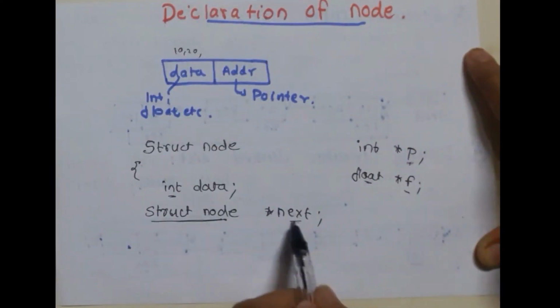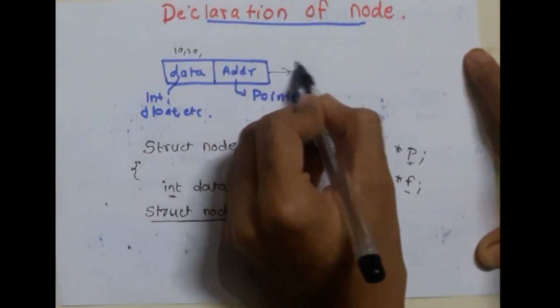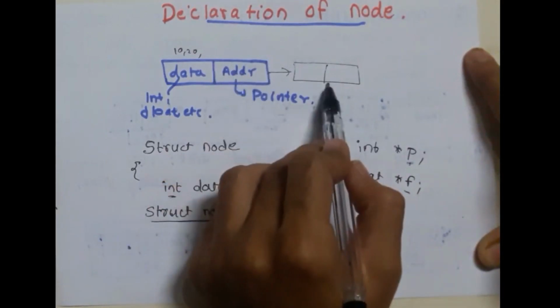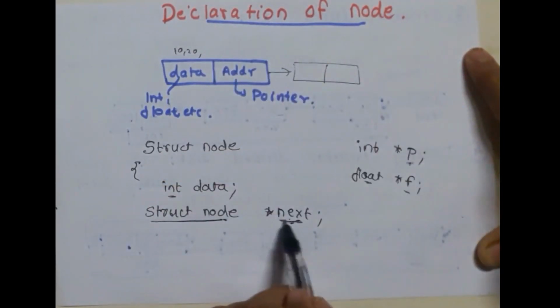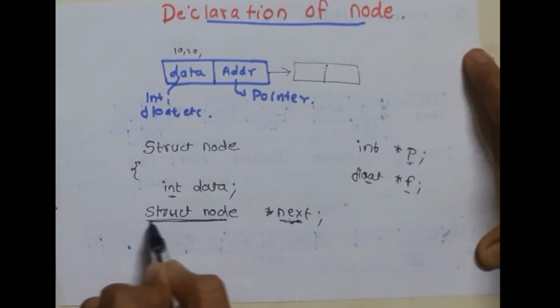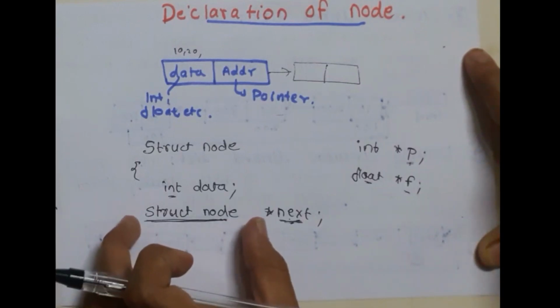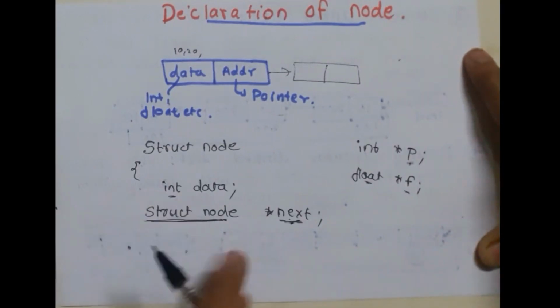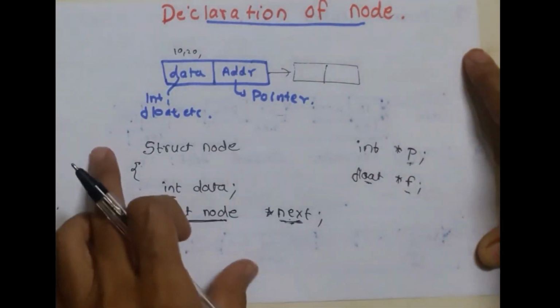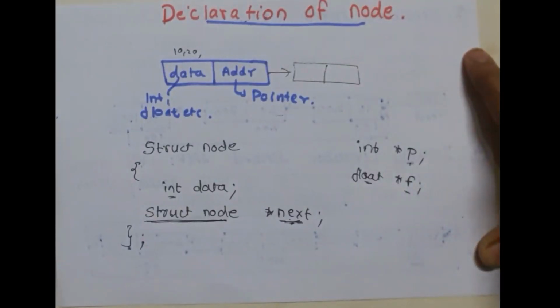Now similarly here, next is a pointer which will hold address of another node. There is one node, after this there will be one more node, and the address field of this node will consist of the address of the next node. So this next will hold address of another node, hence the data type is struct node. This complete struct node is a data type. Okay? So this is how the declaration of a node takes place.